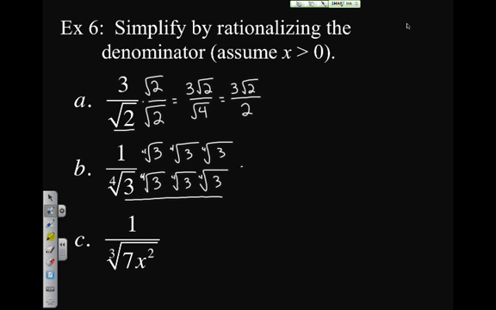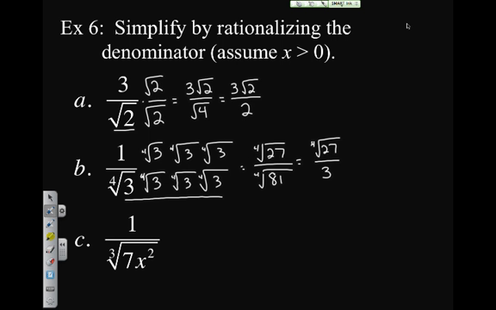So what that gives us is the fourth root of 27 on the top and the fourth root of 81 on the bottom. And the fourth root of 81, that is a perfect fourth power. And that gives us 3 as our denominator. So again, we've gotten rid of the radical.